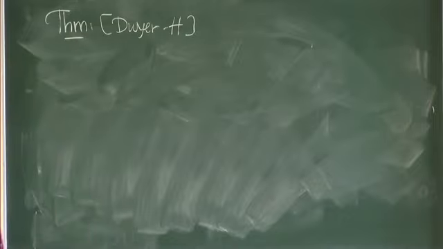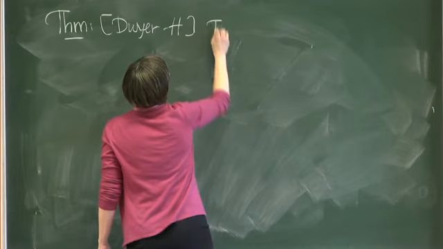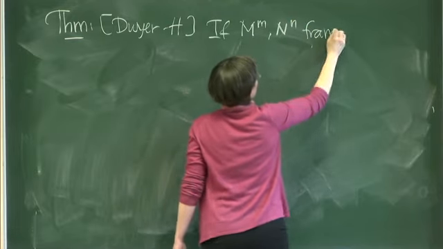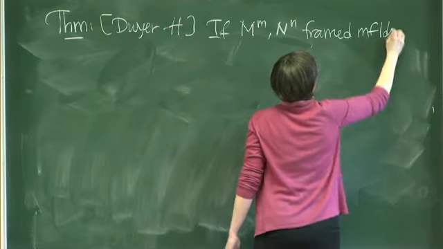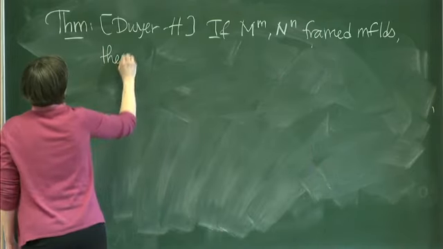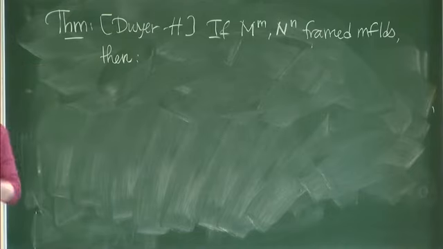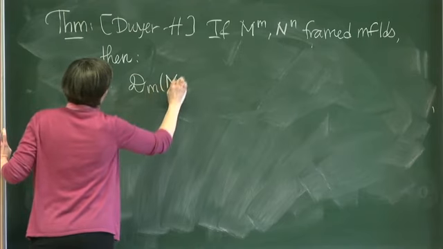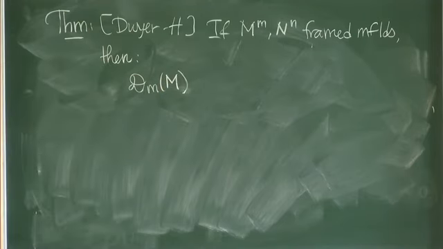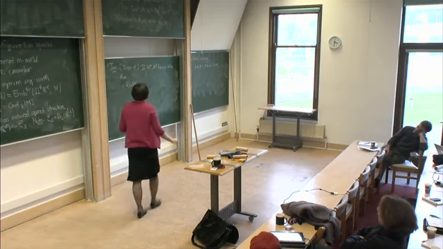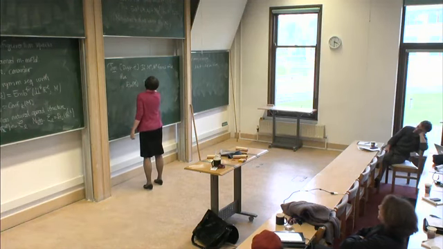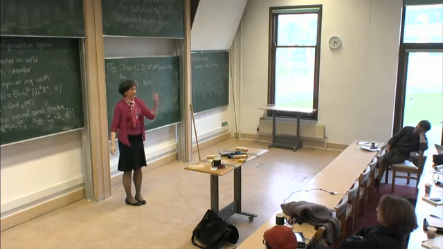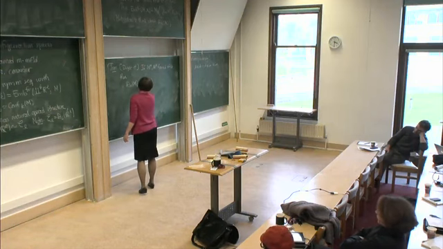It turns out that under these same conditions, if M and N are framed manifolds, then if we take the E_M module that's associated to M, and the E_N module that's associated to N, we can form their tilde tensor product, the tensor product of bimodules.